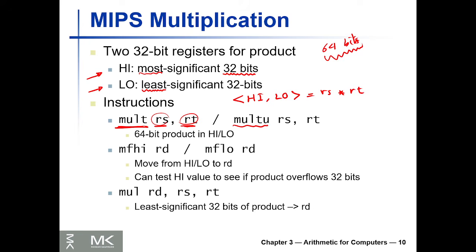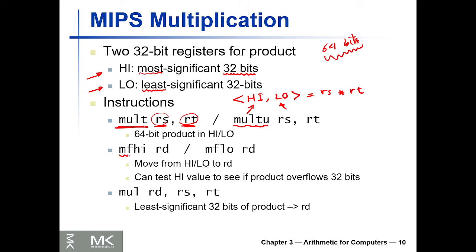Okay, now if you wanna use, for example, the result in HI or the result in LO, you cannot use the HI and LO registers directly. So what we do is we first transfer them to other registers. To transfer them, we have two instructions.